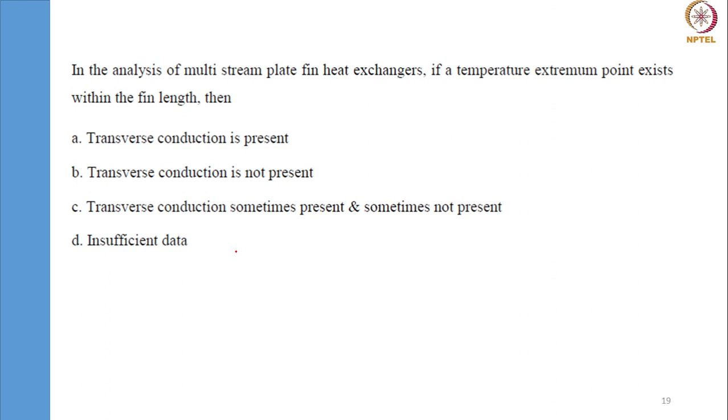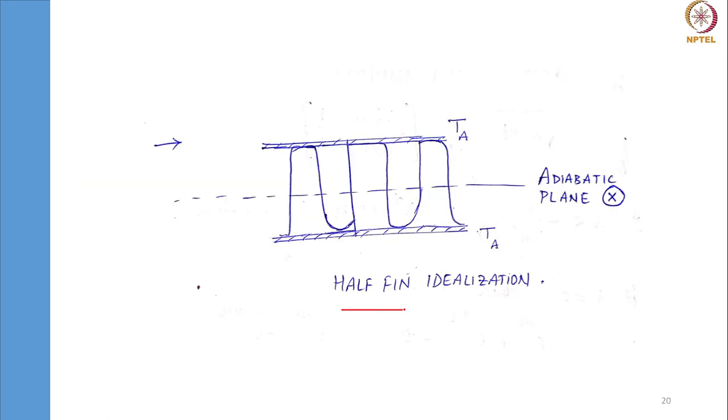Okay, so there is something called half fin idealization. In an idealized case, I will assume that both temperatures are TA, and then extend it to a general case. If these two plates are at temperature TA, at the midpoint we have something called an adiabatic plane.